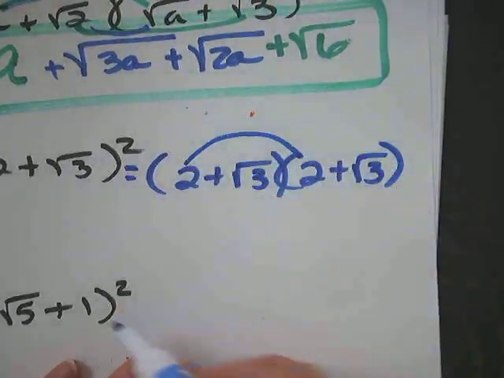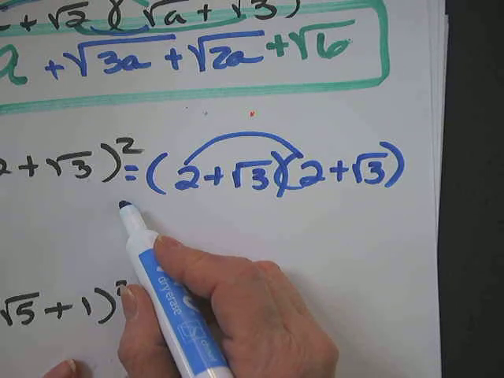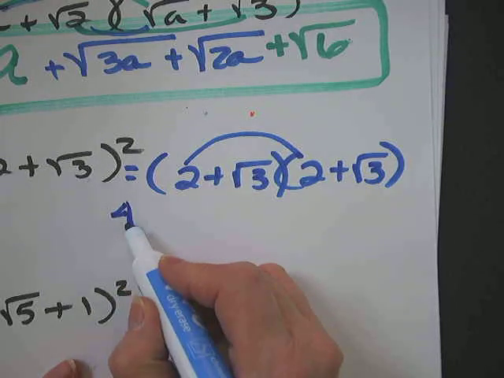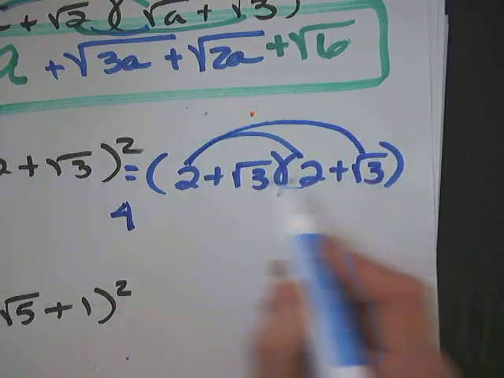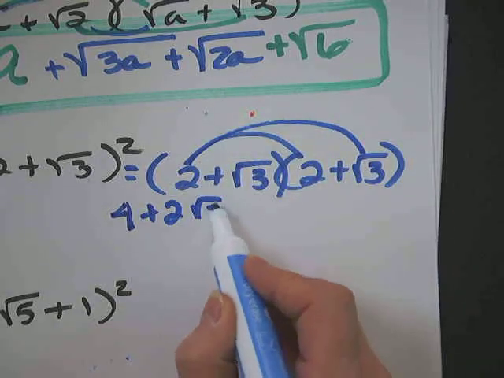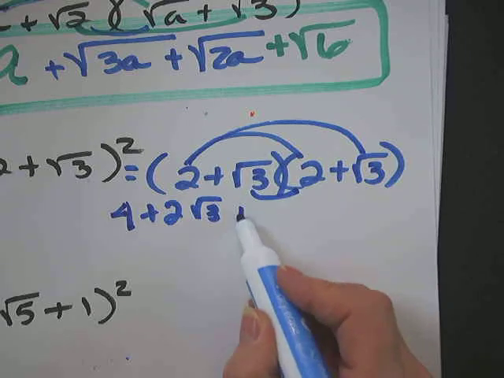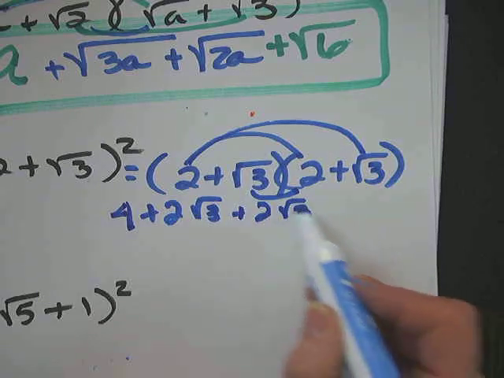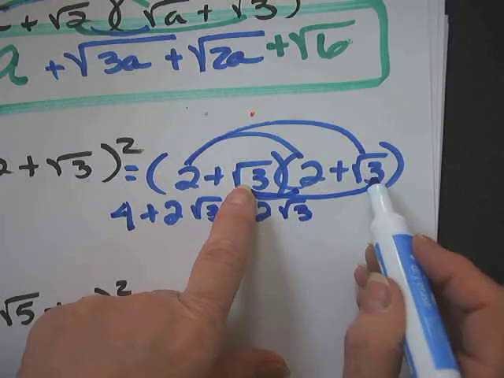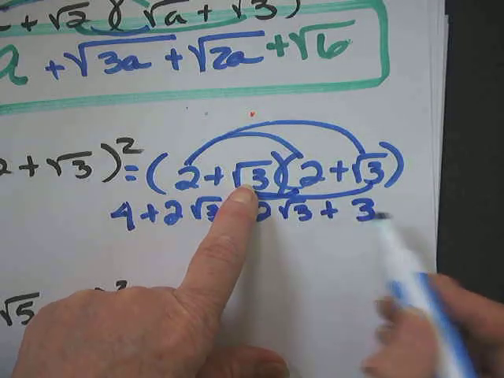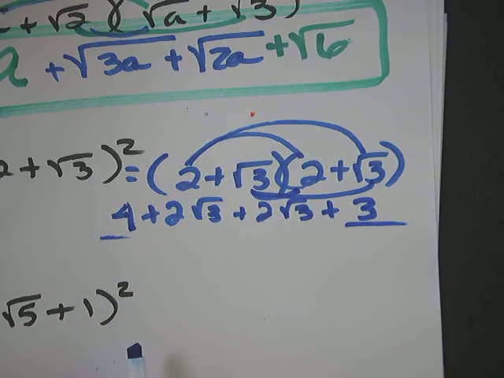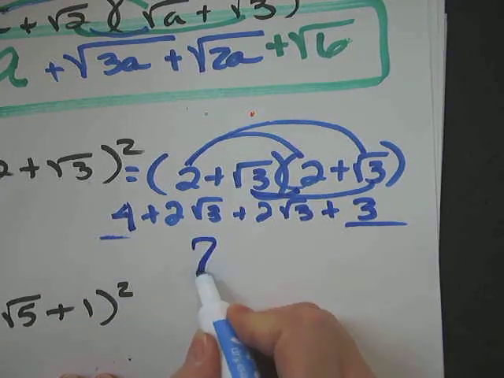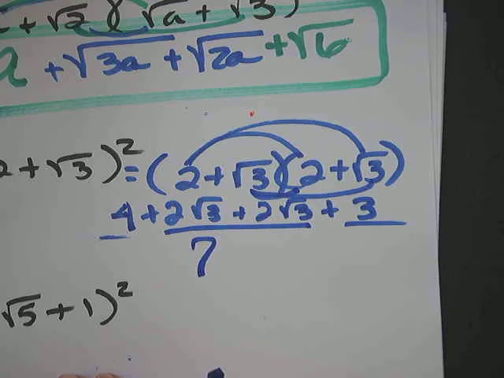They are not like terms, so don't try to add those two. They have to be the exact same square root thing. The only thing you can add is the coefficient, but they have to be exactly the same under the square root to be combining anything. Okay, so that's as far as you can go. It looked like I was spreading it out, like we were going to be adding like terms and all that stuff. No, no adding like terms there.